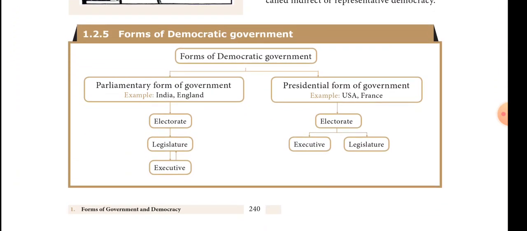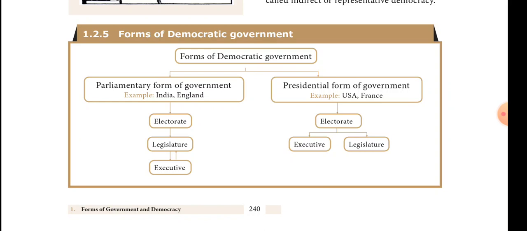Here the forms of democratic government are given. The first one is the parliamentary form of government, and another one is the presidential form of government. The parliamentary form of government is in India and England. The presidential form of government is in USA and France.